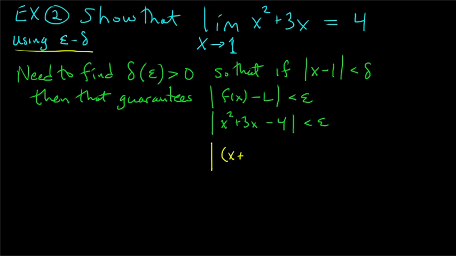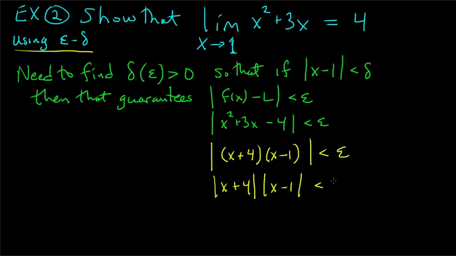Sorry, I'm trying to factor this in my head here. I think it's x plus 4 times x minus 1. Yep, just checking. We have 4x minus x is 3x. Good. And this is also the same thing as the absolute value of x plus 4 times the absolute value of x minus 1.